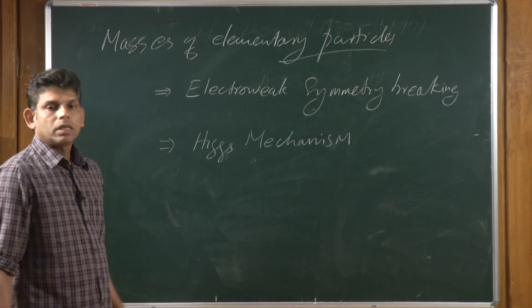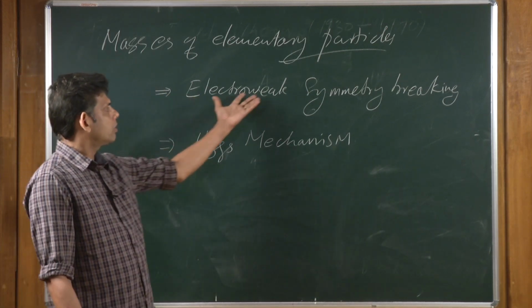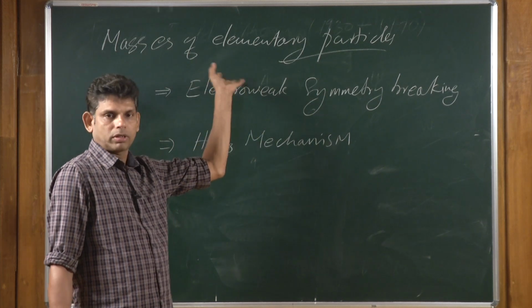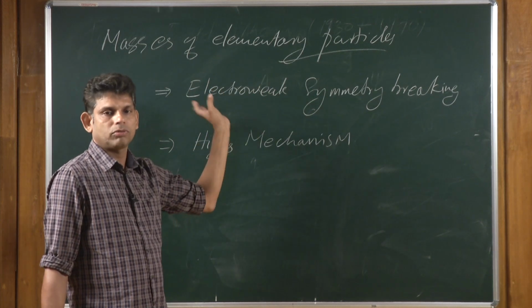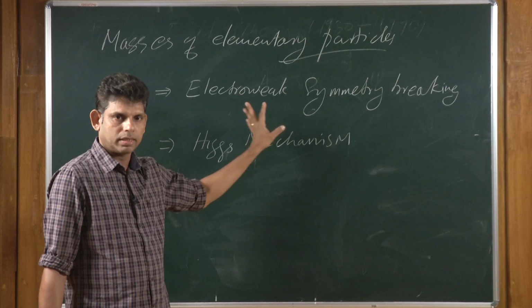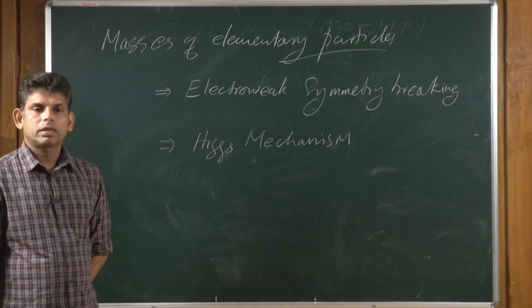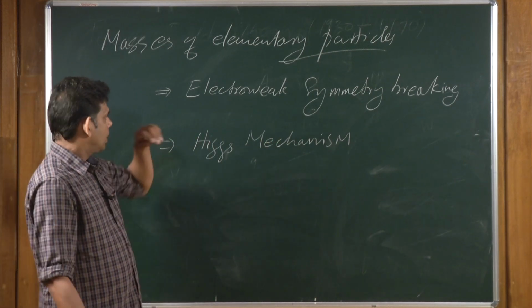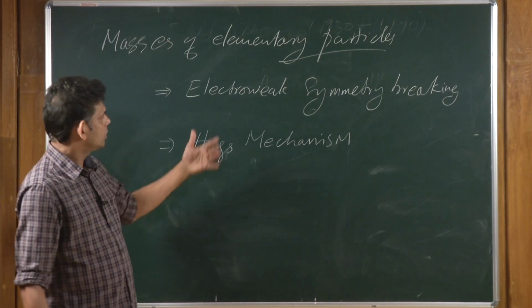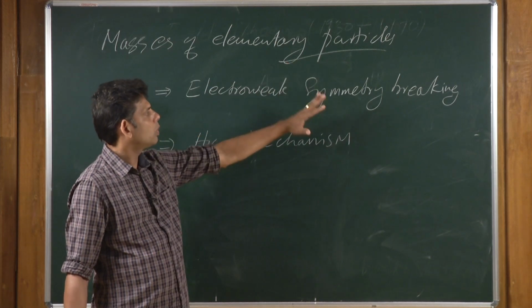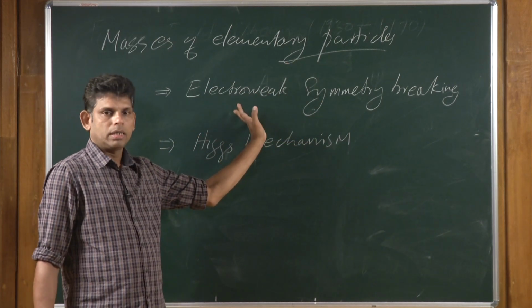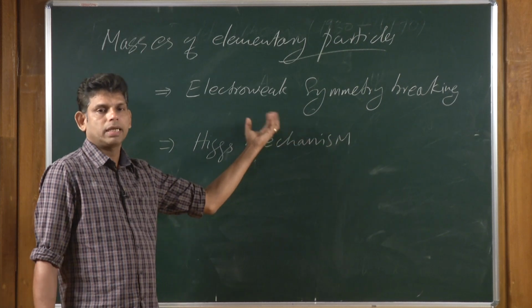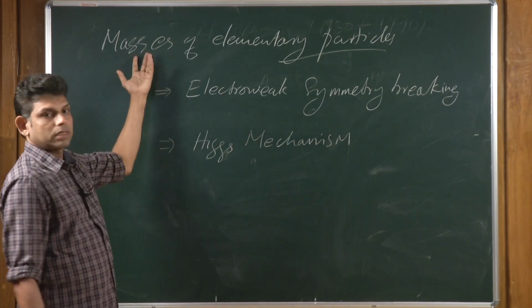There is something called the symmetry that we talked about, the transformation and invariance of the electric and magnetic field under the change of the potential, and similarly for other forces, it is called the symmetry. Now, that symmetry has to be broken. So, Electroweak symmetry breaking is needed to discuss the mass of these particles.